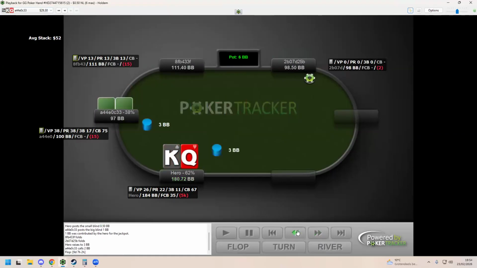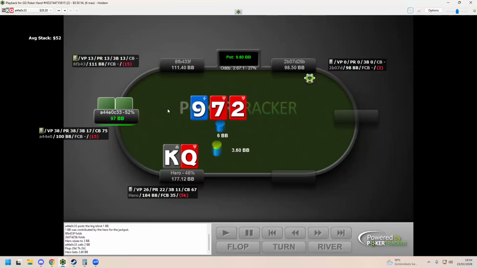So I raise the small blind, big blind calls. Flop is, I understand this bet. So far, so good. And now I should have slowed down, I think.